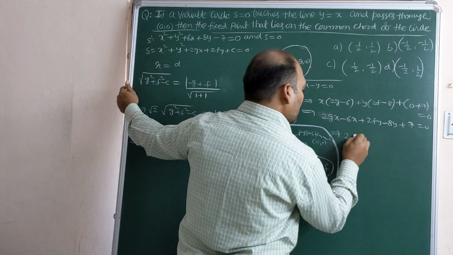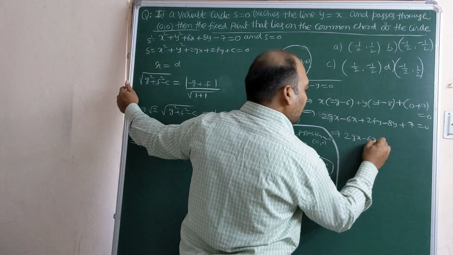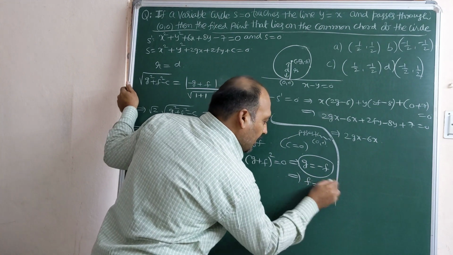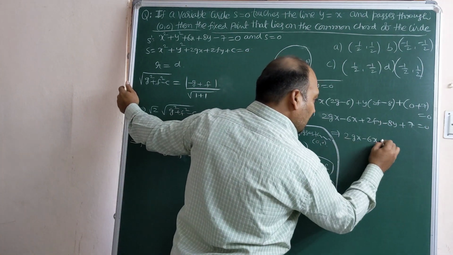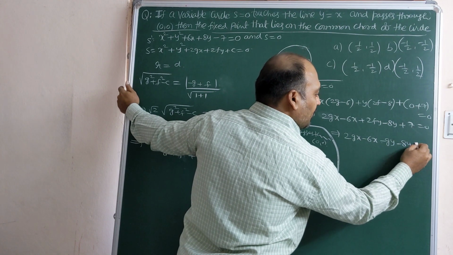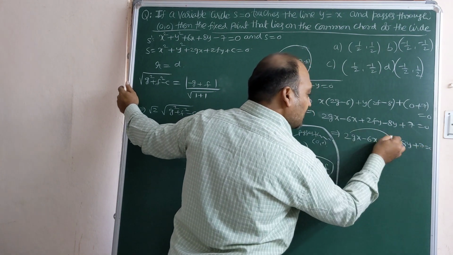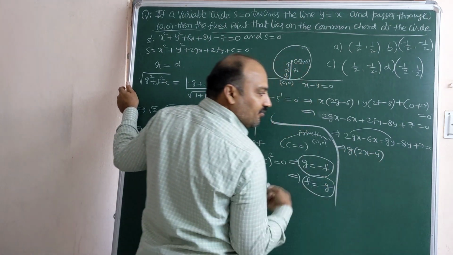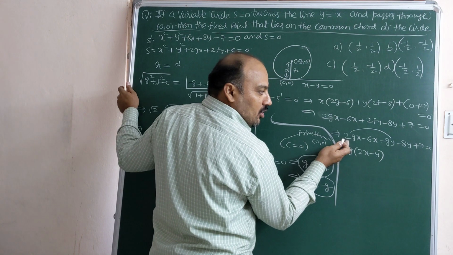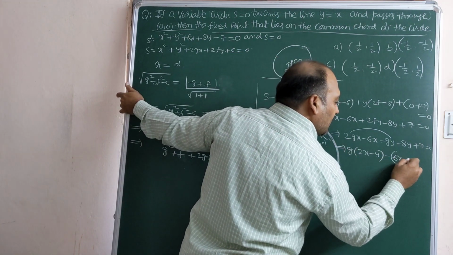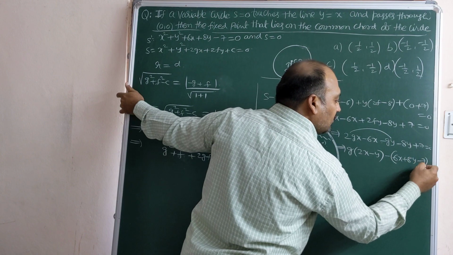So now 2gx minus 6x, in place of f, minus g I am writing, so minus 2gy minus 8y plus 7 equal to 0. The terms containing g on one side, g into 2x minus y. From these two, g I am taking common, dear students. The remaining minus 6x plus 8y minus 7.